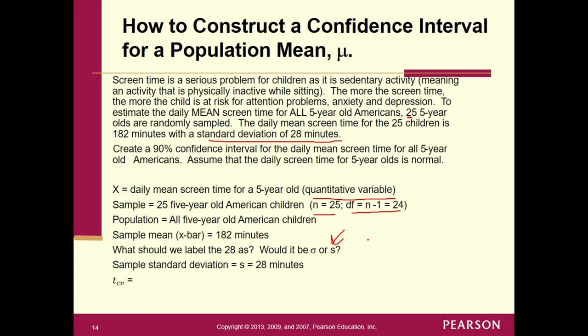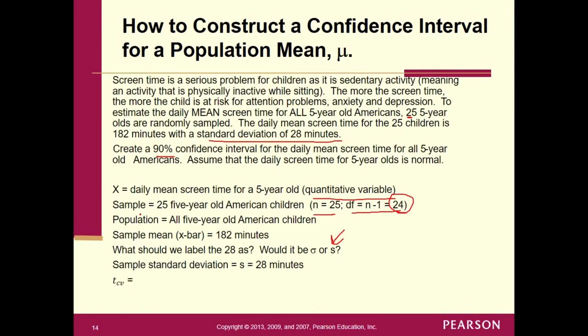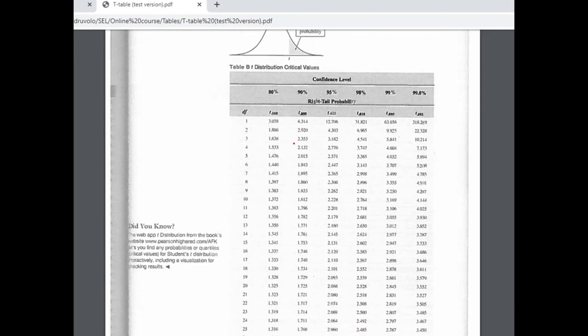What about the critical value? Okay, so we've got to remember that we're working with 24 degrees of freedom and a 90% confidence interval. Let's take a look at our t-table. So what was it again? 24, 90, right? So here's 90. Here is 24. It looks like right here. Our t-table is telling us 1.711 for the critical value.